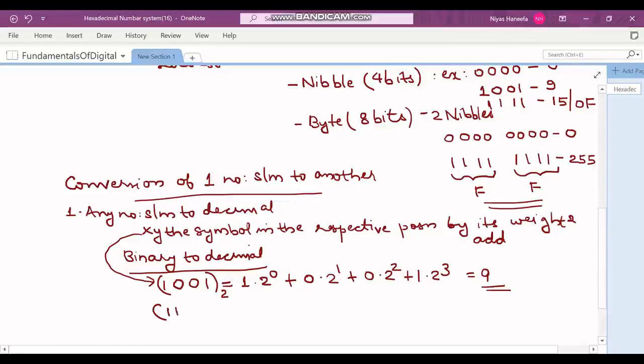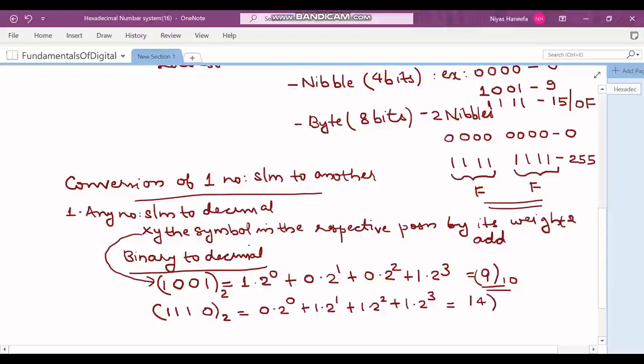Then another number, 1110, in base 2. So what is this equal to? 0 into 2 raised to 0, plus 1 into 2 raised to 1, plus 1 into 2 squared, plus 1 into 2 cubed. So this will be equal to what? 2 plus 4, 6, plus 8, 14.